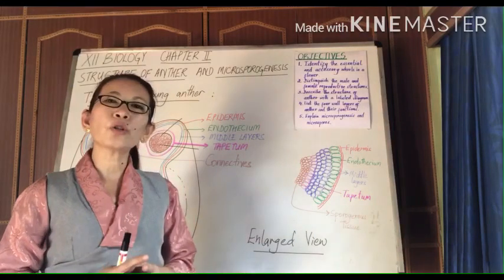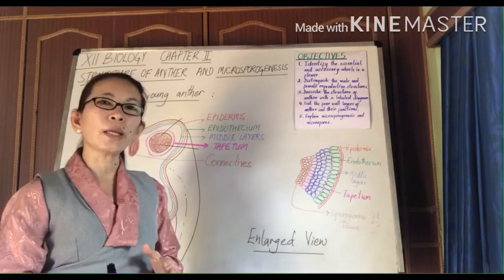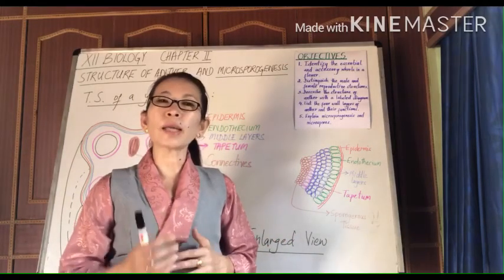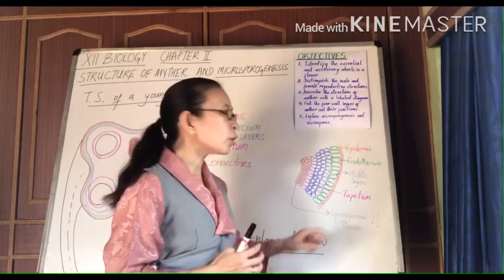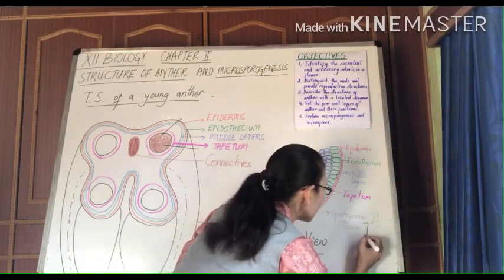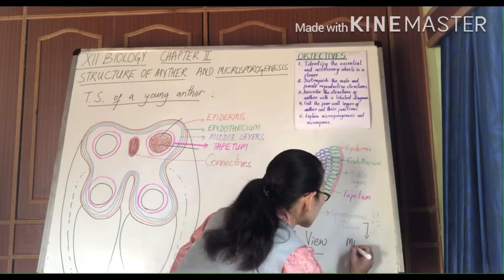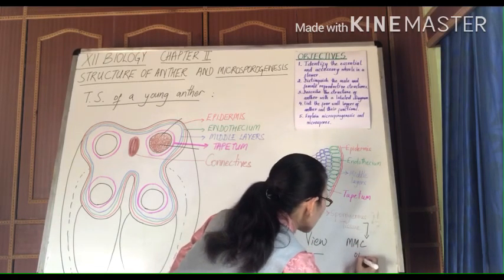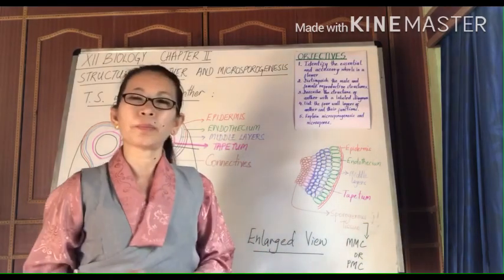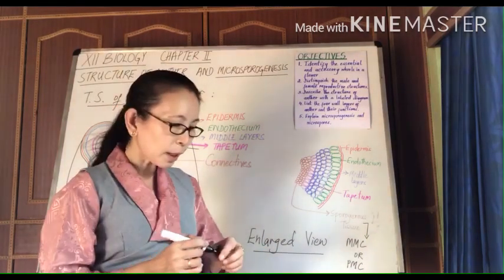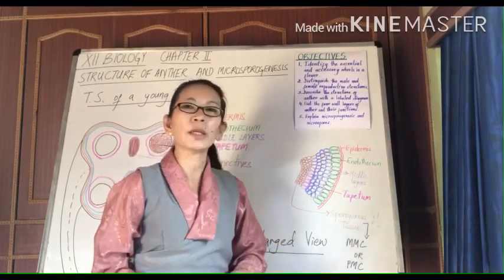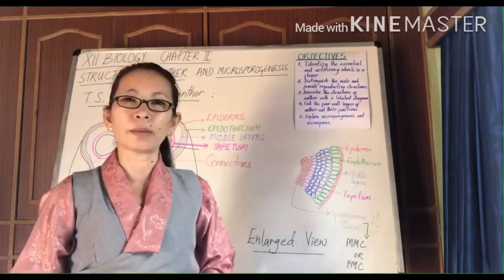And such sporogenous tissues would eventually be maturing, right? As the anther matures, the sporogenous tissue transforms into MMC, or PMC. MMC is the microspore mother cell, and PMC is the pollen mother cell.